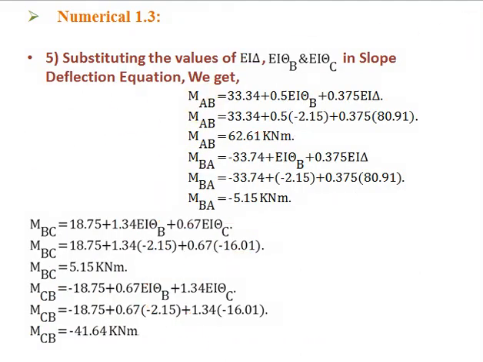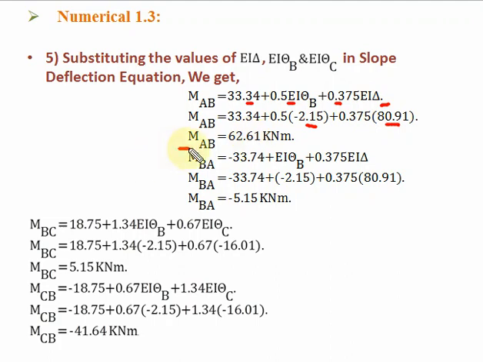So we know the equation of end moment: MAB is equal to 33.34 plus 0.5 EI theta B plus 0.375 EI delta. Now put the values. EI theta B is minus 2.15, EI delta is 80.91.